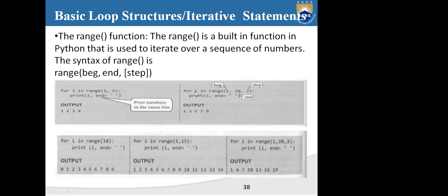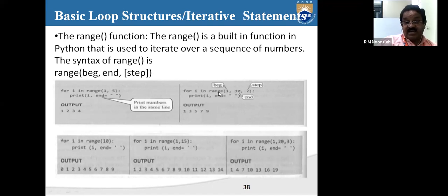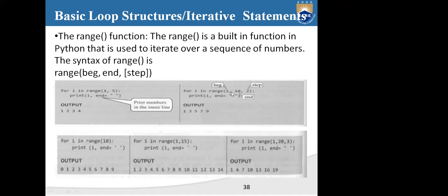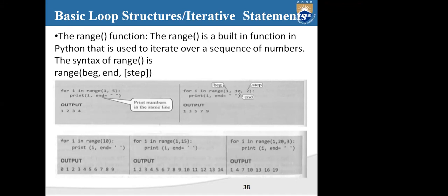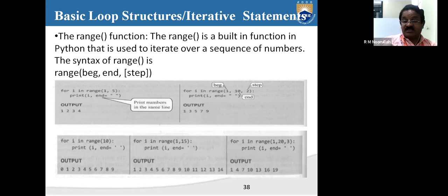If I give for I in range 10 comma 1 comma -2, print I comma end. 10, 8, 6, 4, 2. That's it.